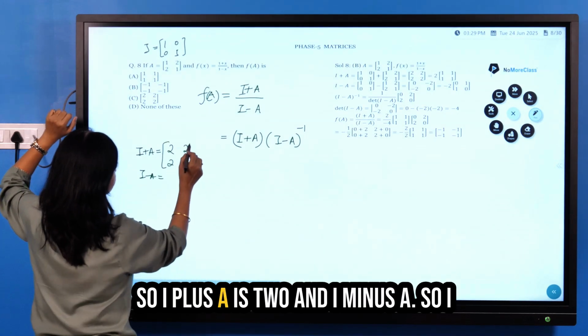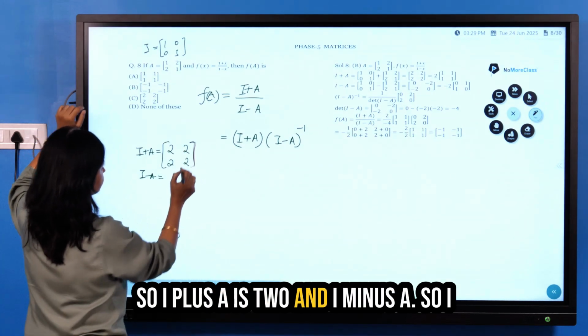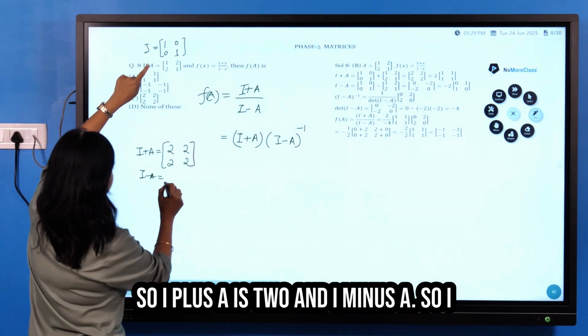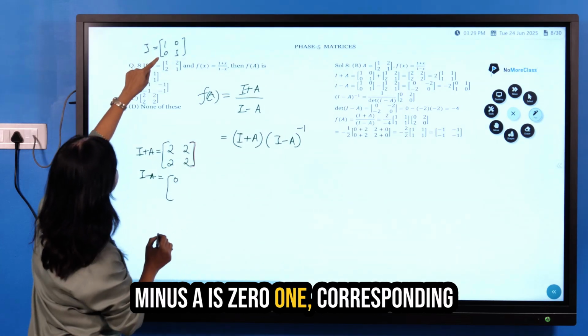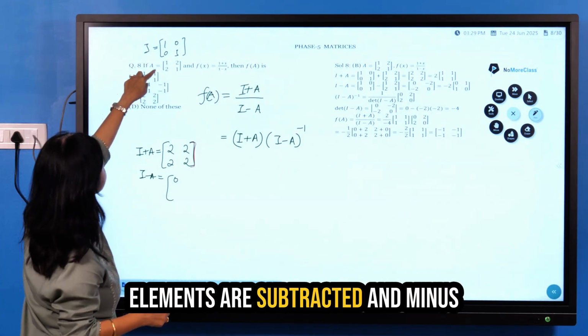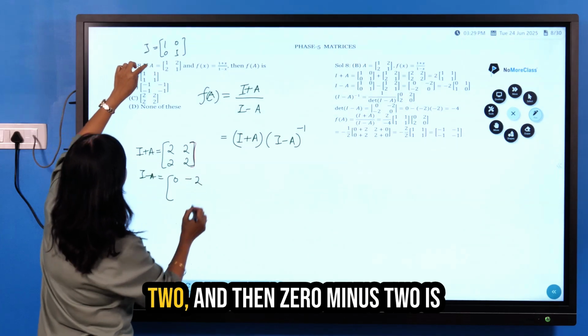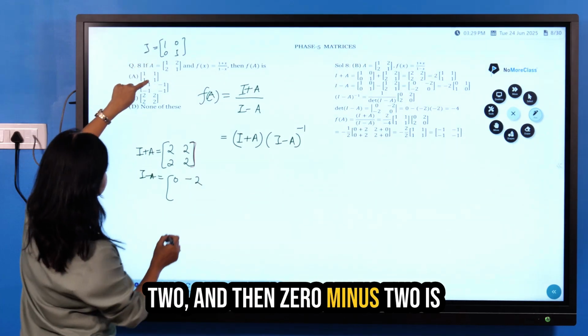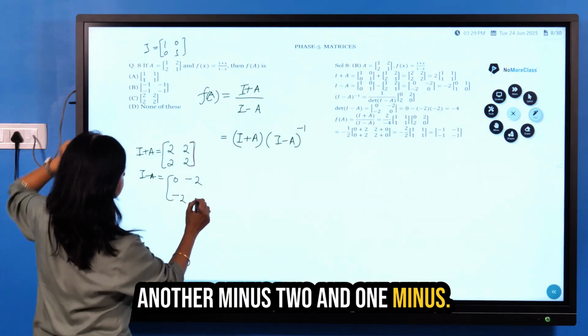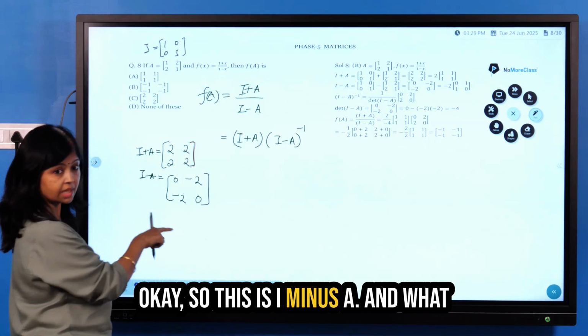And I minus A is 0, 1, with corresponding elements subtracted, and minus 2. Then 0 minus 2 is another minus 2, and 1 minus. Okay, so this is I minus A.